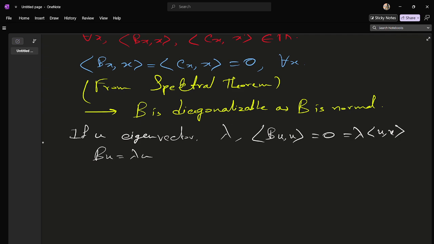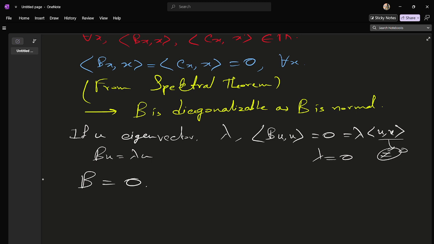Since the norm of u cannot be 0, as an eigenvector is a non-trivial solution of the system, lambda will be 0 in that case. Thus any eigenvalue is 0. Now since B is diagonalizable and all eigenvalues are 0, all the diagonal entries are 0, so B is 0.